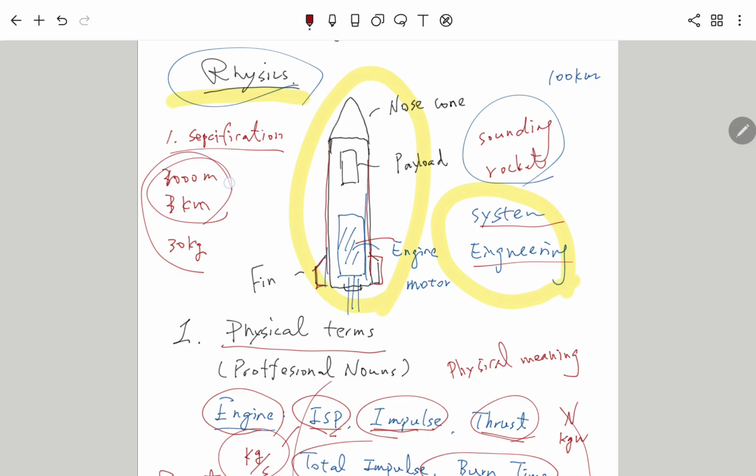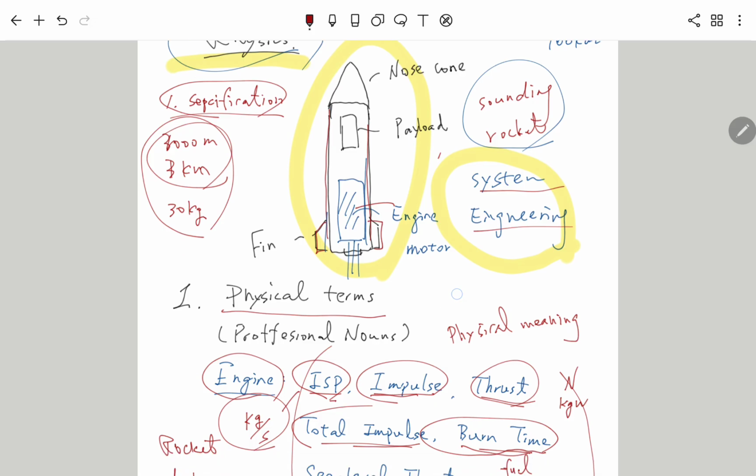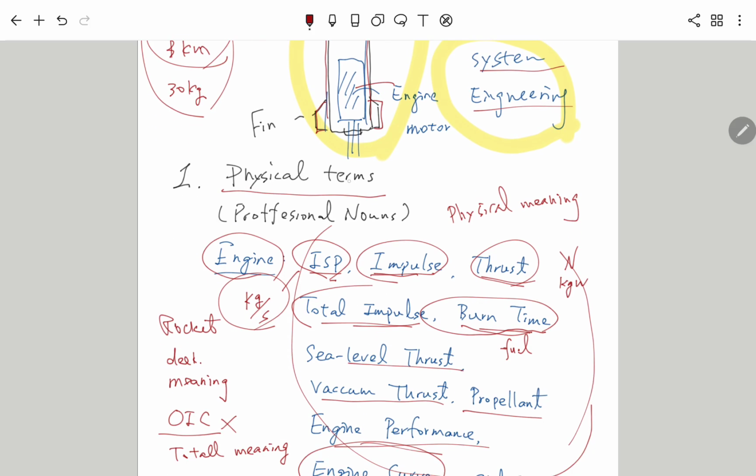But before doing that, we have to know a lot of the choices that we have to make. So before you really give your rocket specifications, you have to realize all these physical terms. And please notice that I only made the example of the engine.